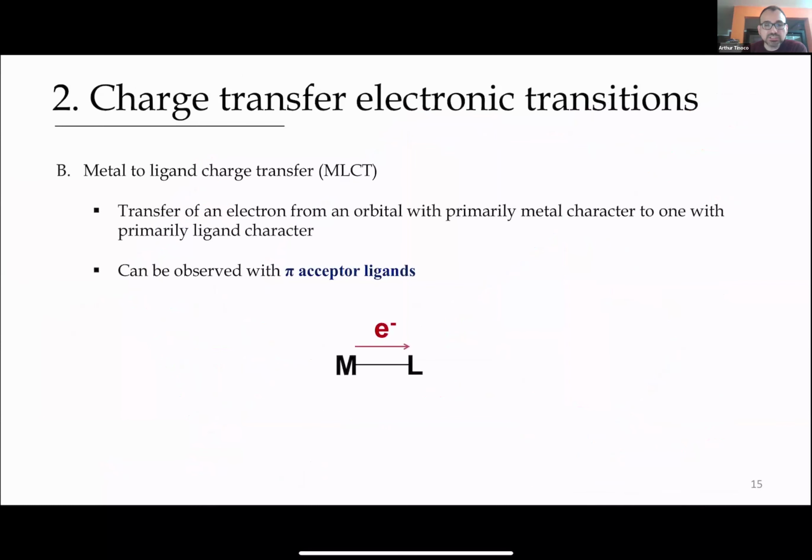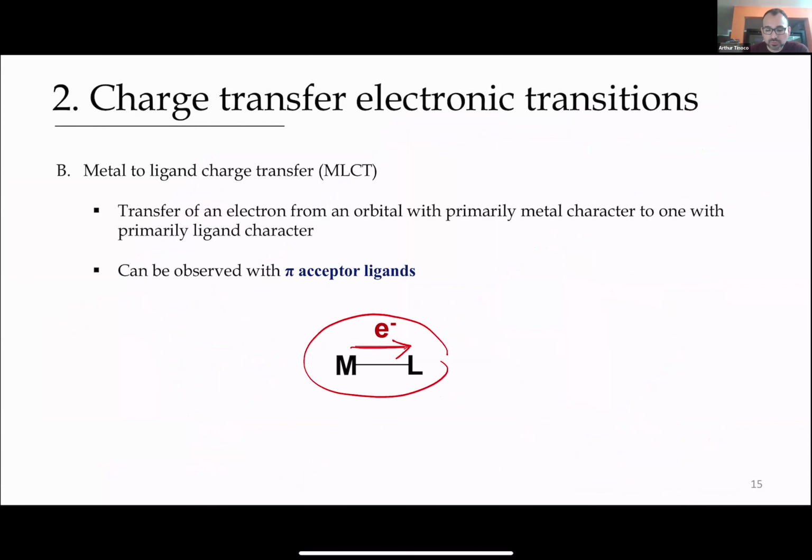All right. But what's the other type of charge transfer? Well, the other type of charge transfer is the metal to ligand charge transfer. So as the name implies, we're moving an electron from the metal into the ligand. And so here is where we have to focus on what type of compounds allow that, because it's not actually observed in every single compound.